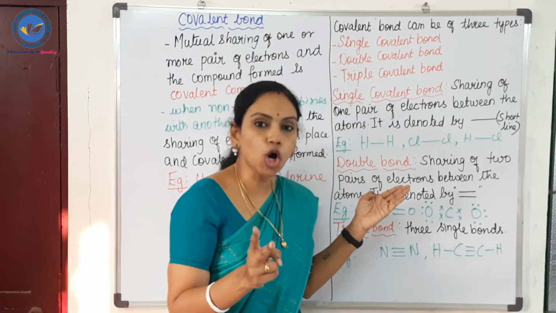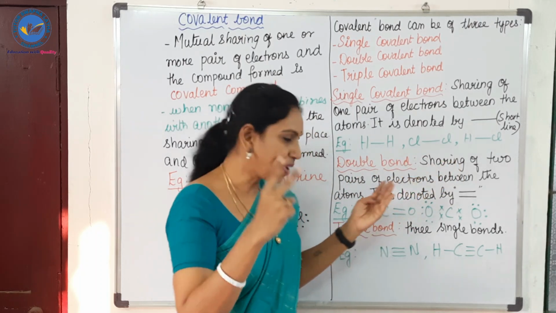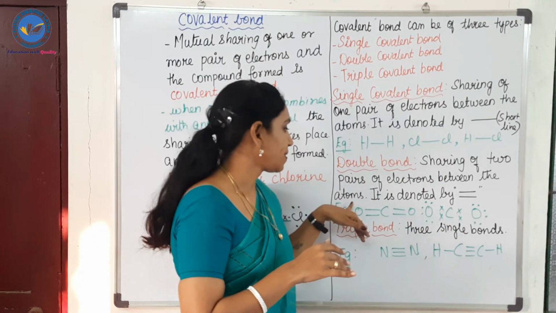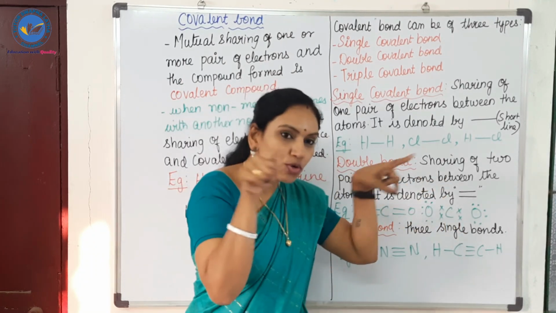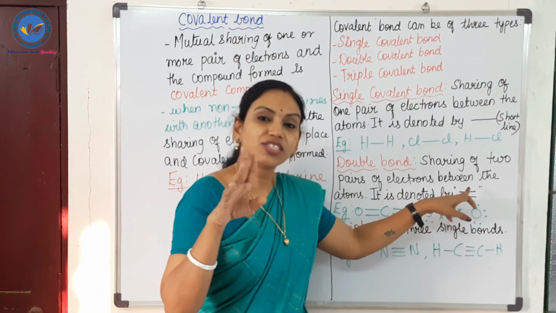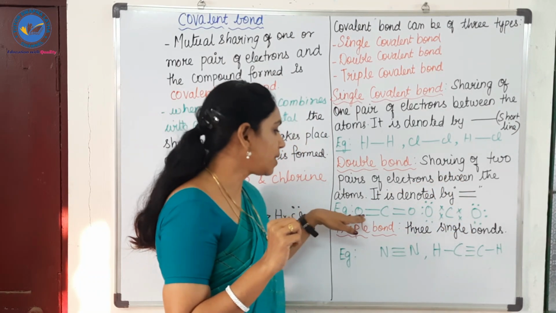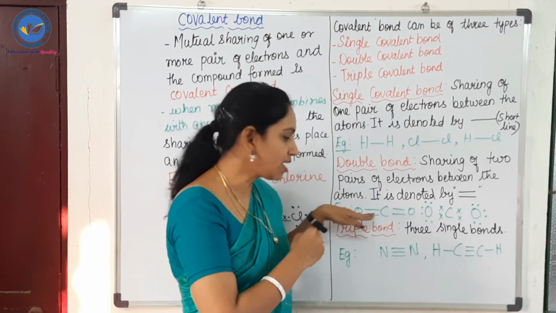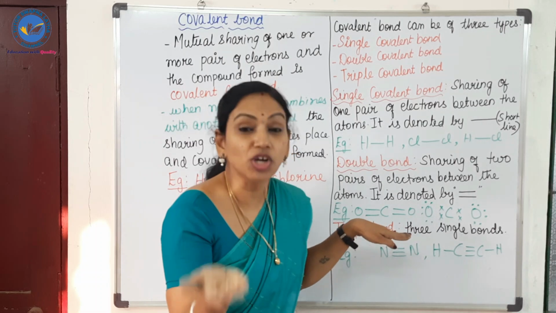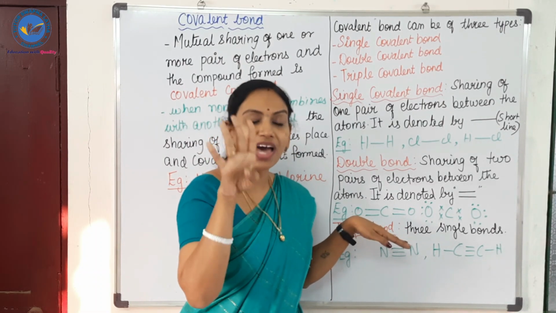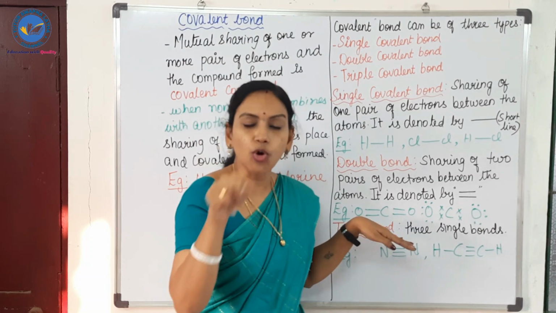Next, double bond: sharing of 2 pairs of electrons between the 2 atoms. It is denoted by 2 lines. Okay, so that is a double bond. Example: see, carbon is forming double bonds with oxygen, because carbon's valency is 4. Carbon is tetravalent, so it has 4 electrons.